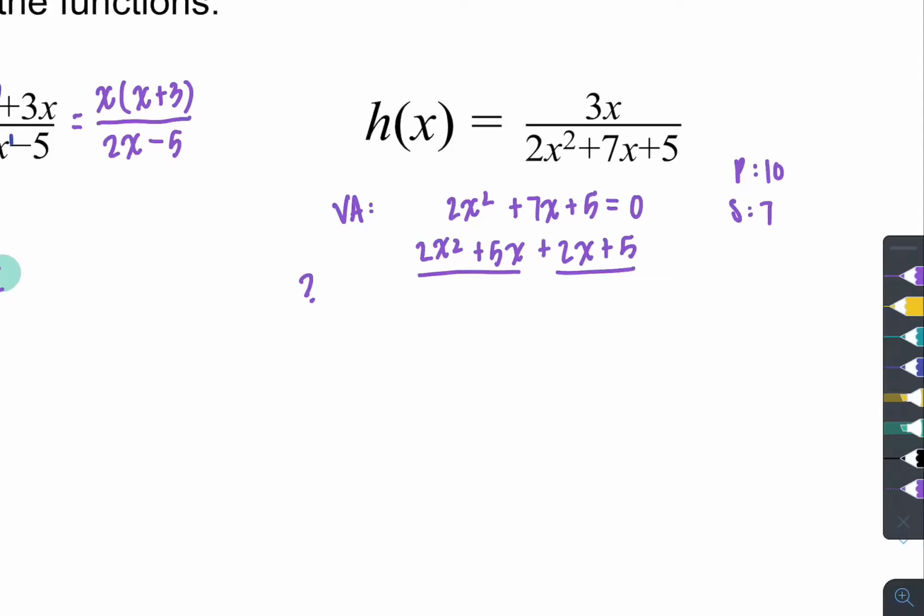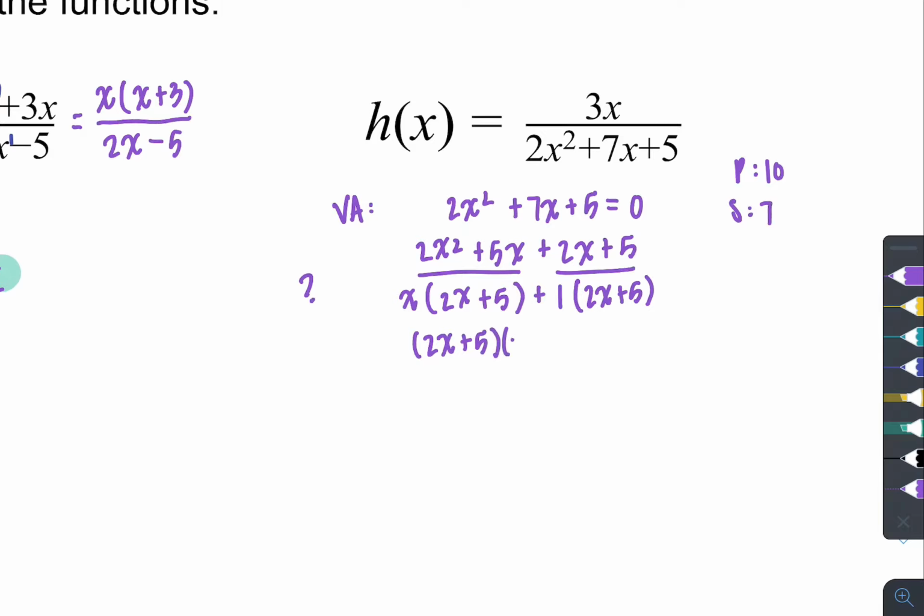And then we split the middle. And so we want to factor each of those parts. So we've got 2 times, we pull out our GCF, so we have x. So we have 2x plus 5. This one we just factor out a 1. There's nothing in common, so we get 2x plus 5.